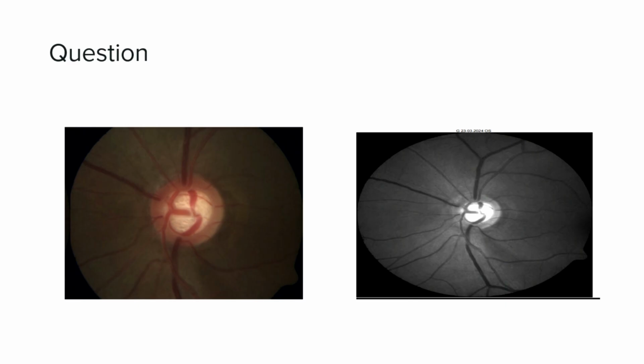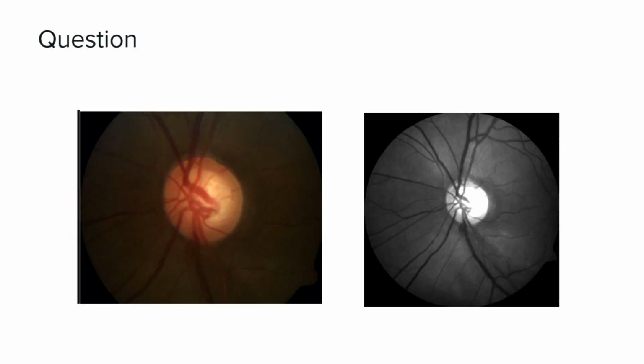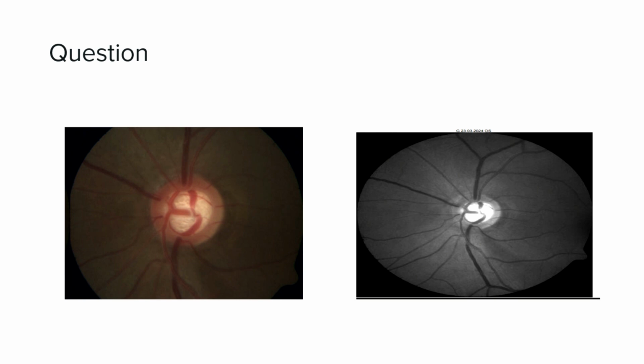So this is glaucoma or not? Yes, ma'am. Ma'am, there are two pictures of the left-sided disc. The left-sided color photograph shows a large disc with the cup disc ratio of about 0.7, and there is an anomalous looping of the vessels seen.